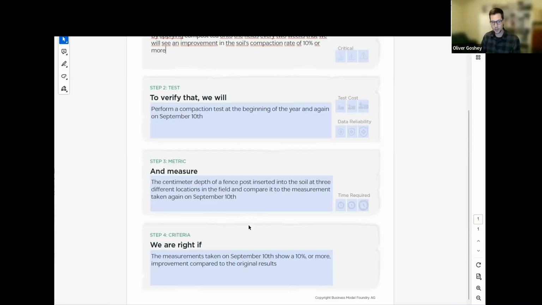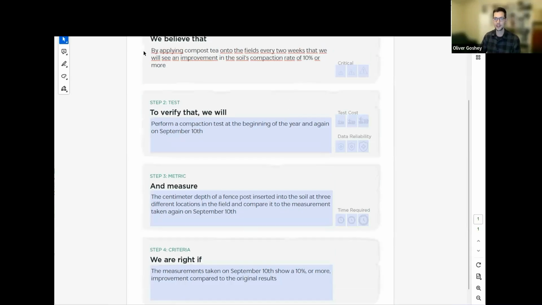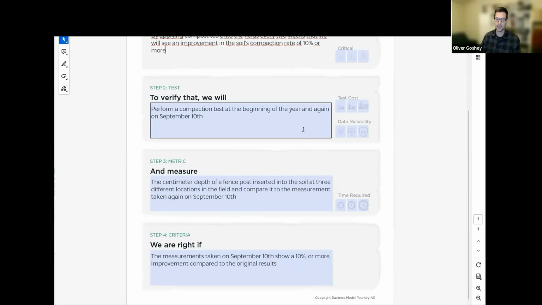And then finally, of course, we know if we are right means to say that we know that we have met the criteria of our hypothesis here at the top. If we are right, if the measurements taken on September 10th show a 10% or more improvement compared to the original results.